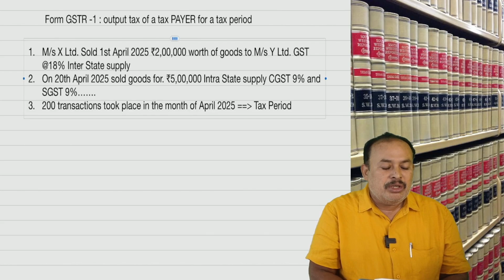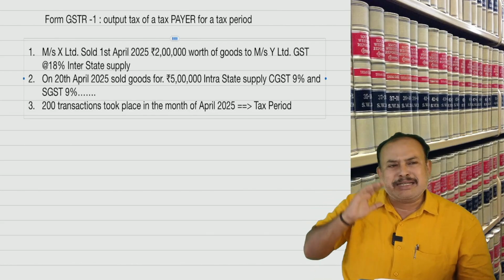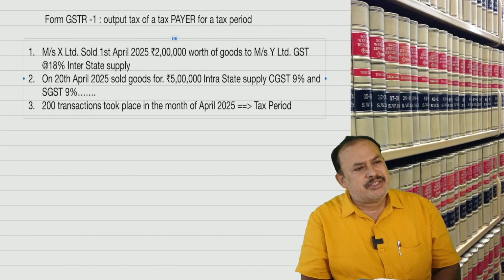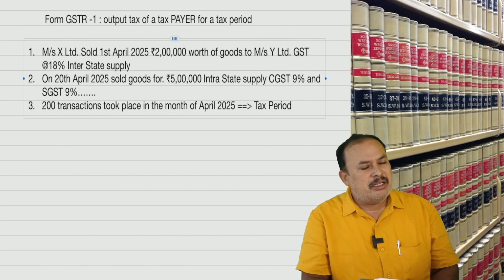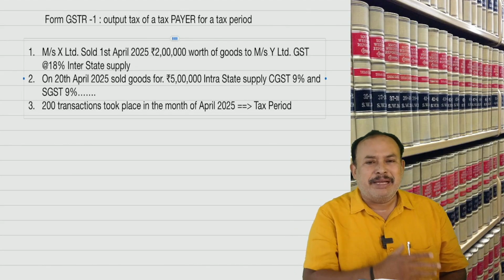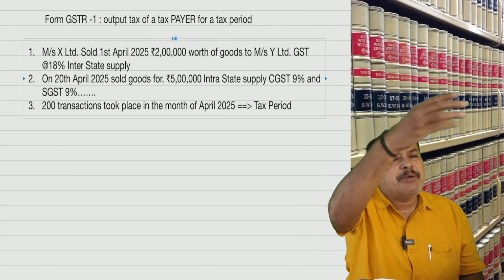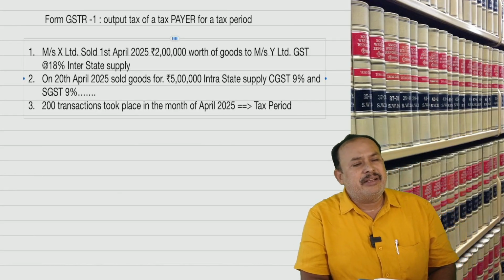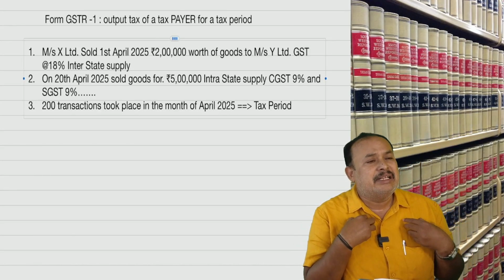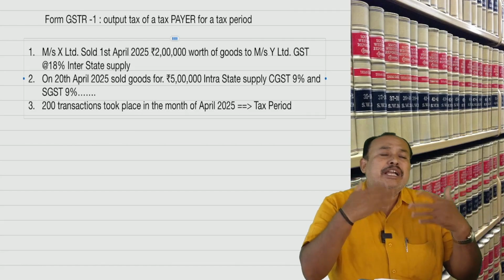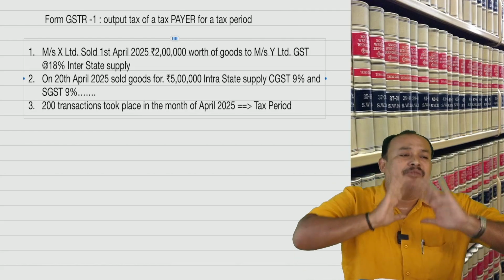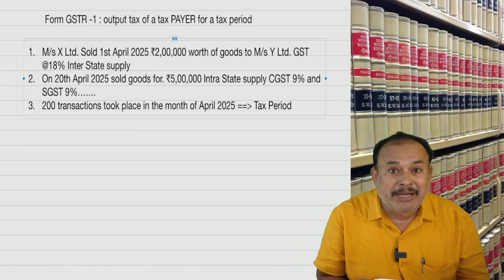Now, 200 transactions took place likewise in the month of April. 200 supplies I made, to 200 different buyers. I am the seller. I issue tax invoices, not e-invoices. Then what happened, you know, my dear?